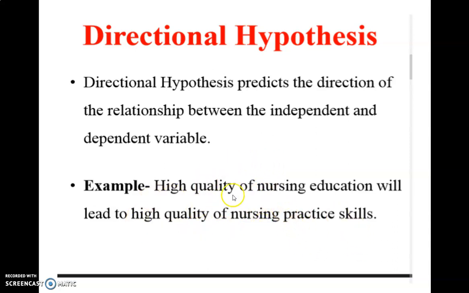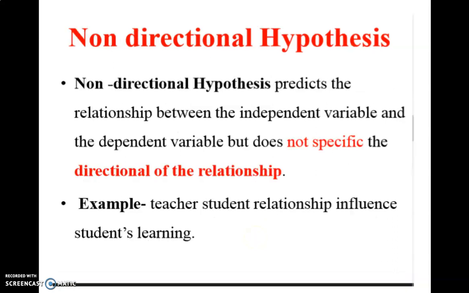So here the researcher has mentioned high quality, which gives the direction to this hypothesis. So he did not say nursing education and nursing practice. He has mentioned a high quality of nursing education and high quality of nursing practice skills. So here the direction has been given. So it is called directional hypothesis.